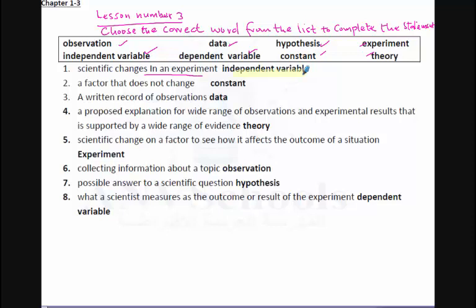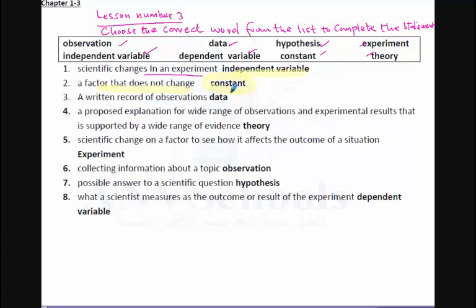Independent variables are what we regard to be scientific changes in an experiment. The next one is a factor that does not change. In an experiment, the factor that does not change is regarded to be a constant.